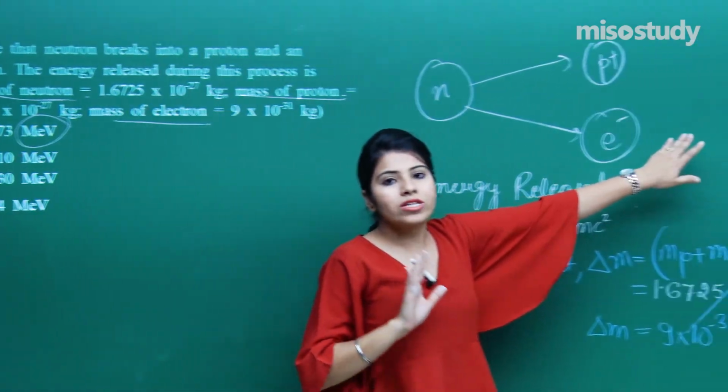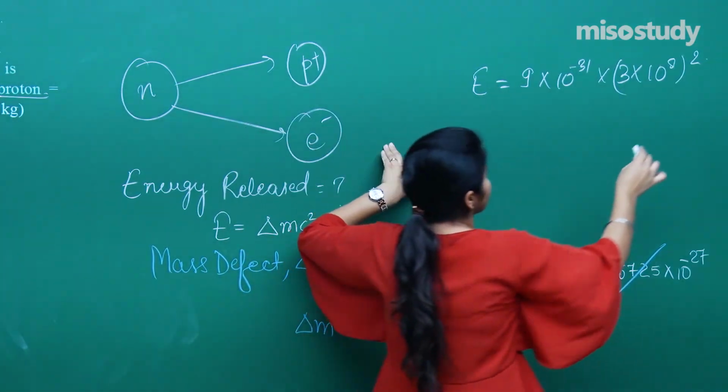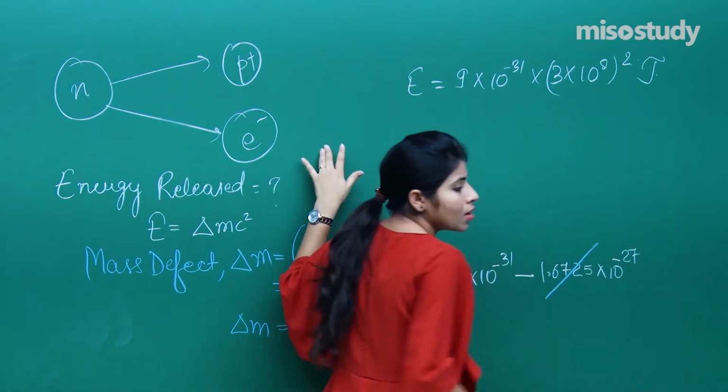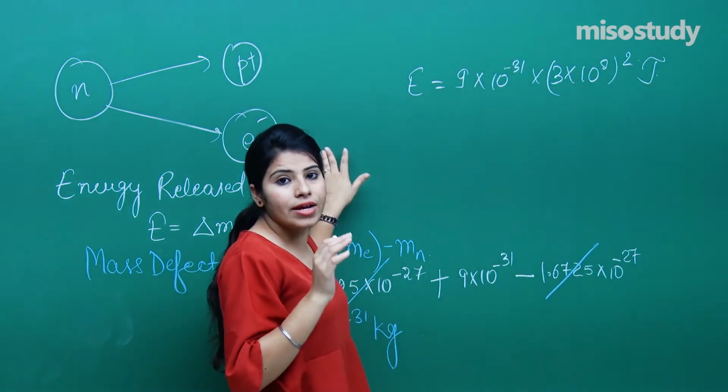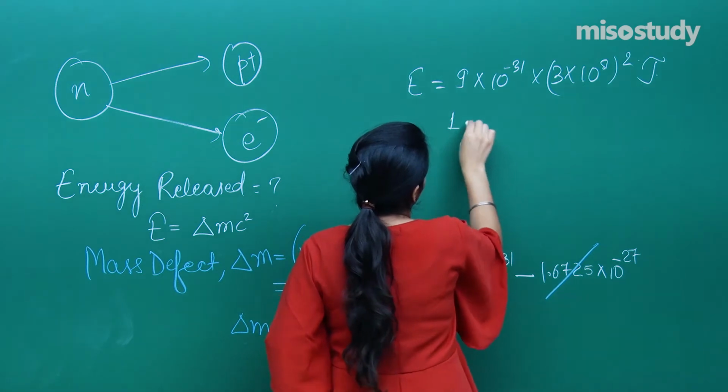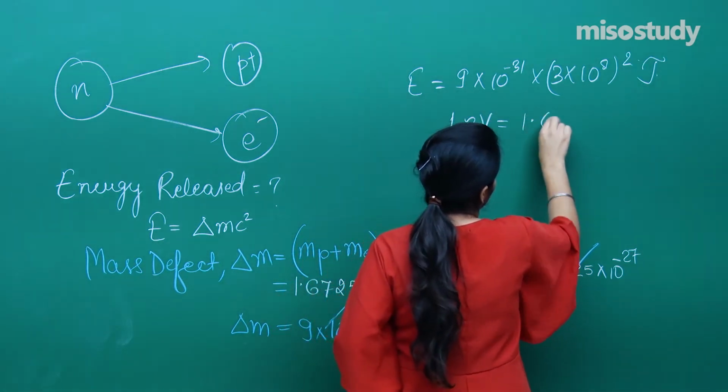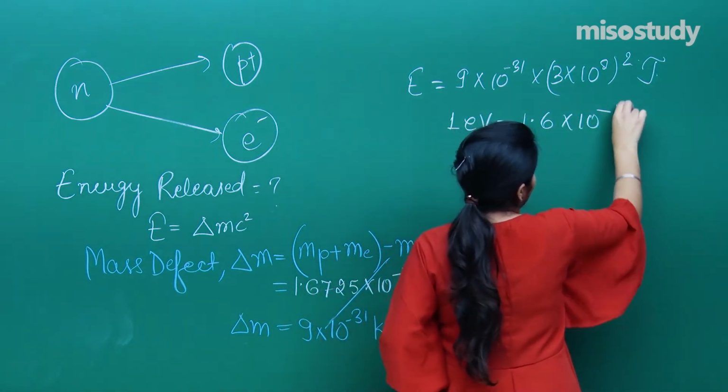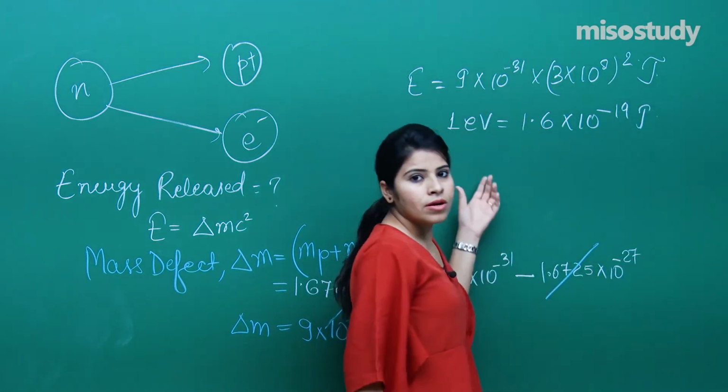So here whatever the value is, it will be in joule. If you want to convert it into electron volt, you can say that 1 electron volt equals 1.6 into 10 raised to the power minus 19 joule, right?